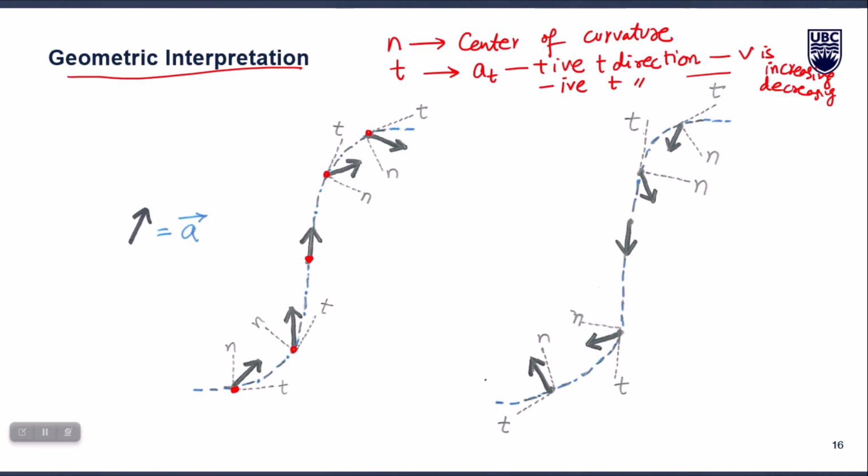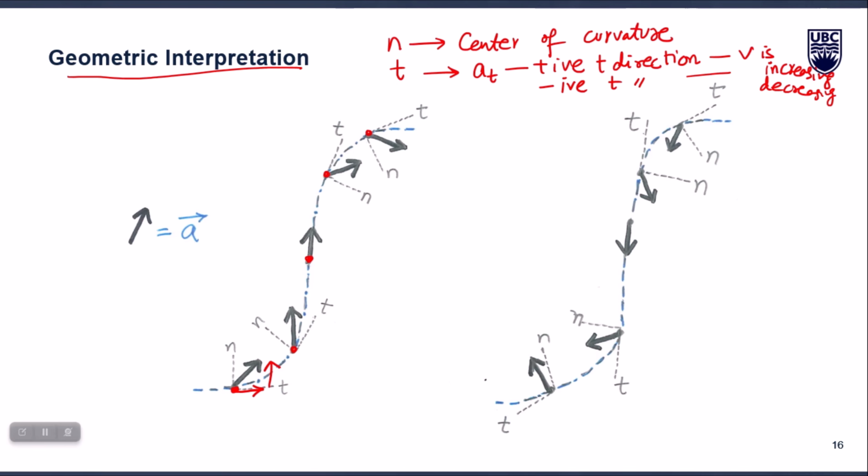So this will be its t component, this will be its n component. The n component, as we have seen, is in the direction of the center of curvature because this curve is concave upward. But the t component is in the positive t direction. So therefore this acceleration is representing a motion which is having an increasing speed, right?